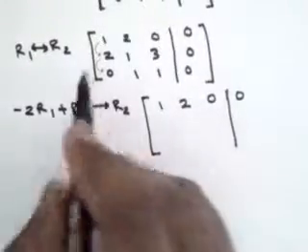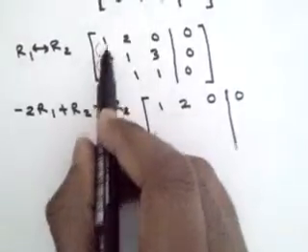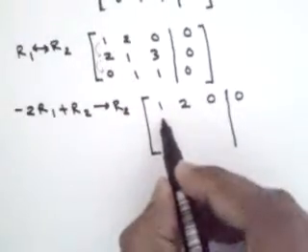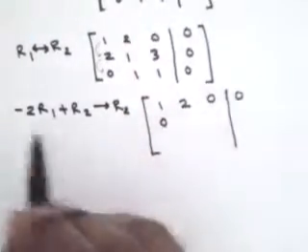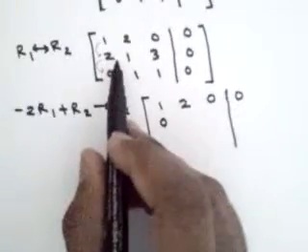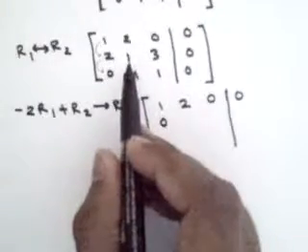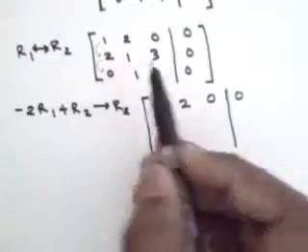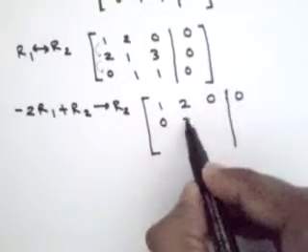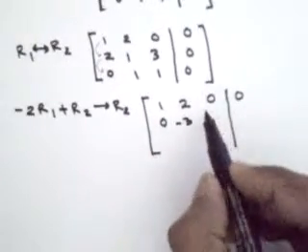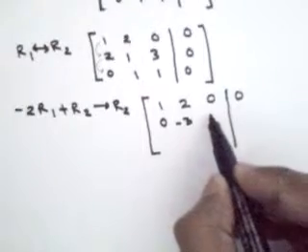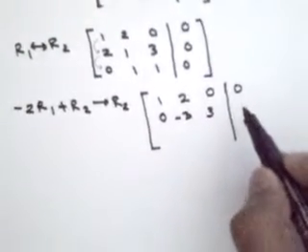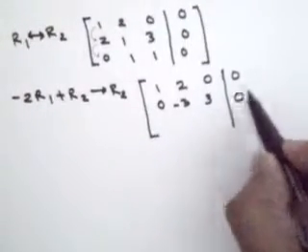So now -2 into 1 plus 2, we have 0. -2 into 2 plus 1, we have -3, and then we have 3, 0.